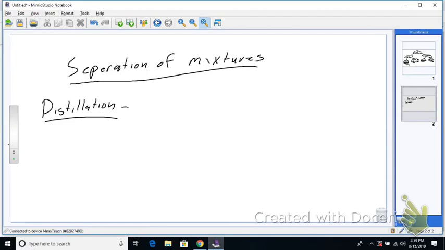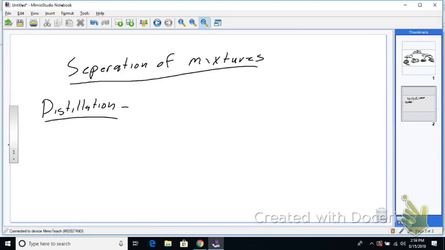Now, what does it mean by volatility? If something's really volatile, it means it evaporates really fast. If something's not very volatile, it means it doesn't evaporate as fast, so it would have a higher boiling point. If it's highly volatile, like a lot of organic solvents, it will go from the liquid phase to the gas phase fairly easily.